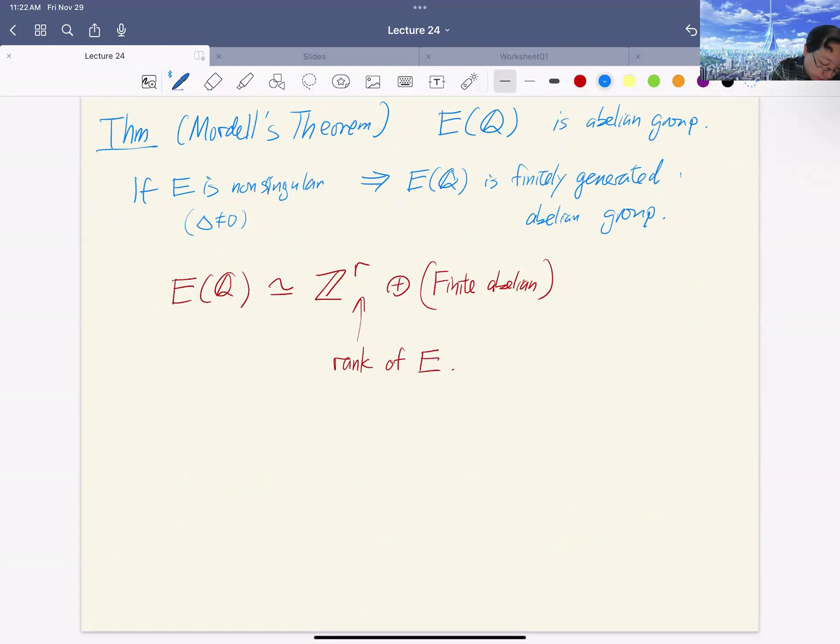And in general, this is not true for singular curves. For singular curves, you can have infinite things.